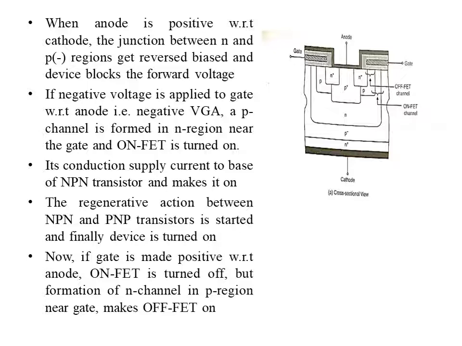That means initially when we apply a negative voltage to the gate, on FET will be turned on, but when we apply a positive voltage across the gate, on FET will be turned off, but the second MOSFET, that is off FET, will be turned on.